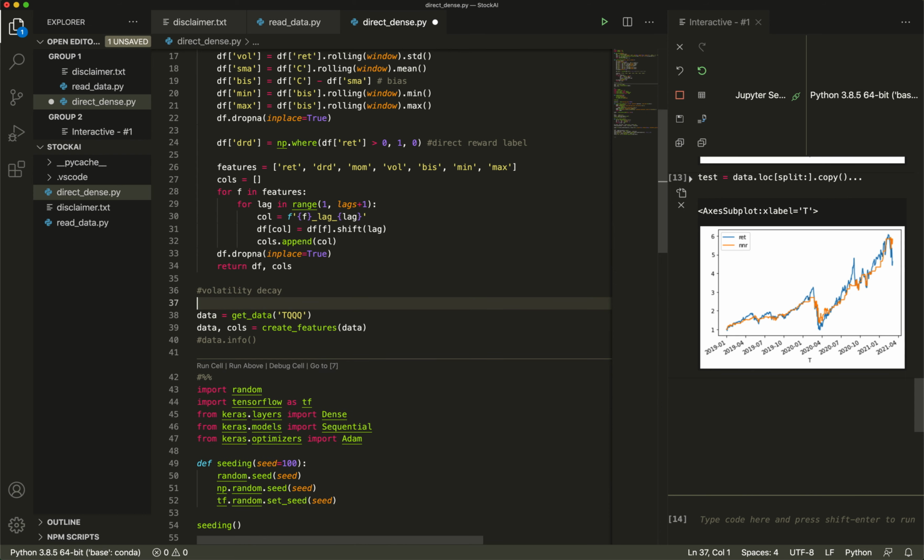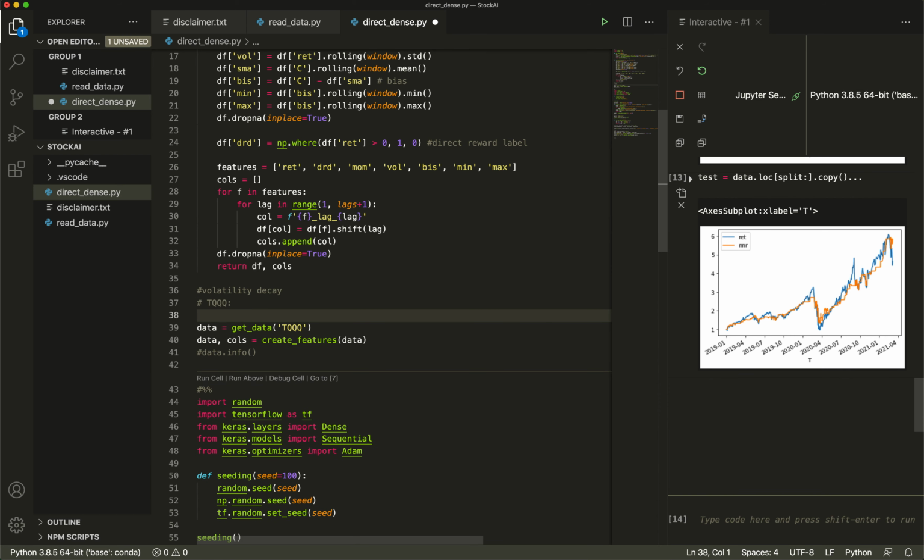So how do you understand it? Let's just consider a 3-day price change between TQQQ and QQQ. Suppose on day 1, the price of QQQ is A and the price of TQQQ is B. On the second day, the price drops by 10%, so for QQQ it's A times 0.9.